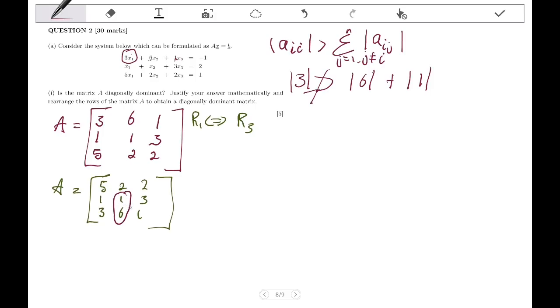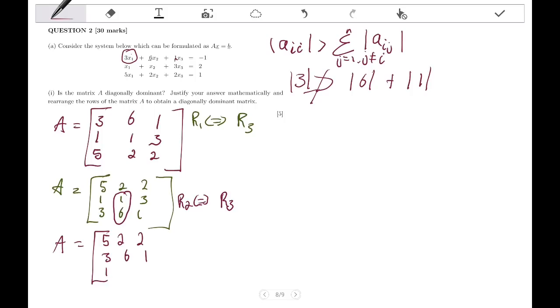So row 2 is going to interchange with row 3. Therefore our final A is going to be 5, 2, 2, then 3, 6, 1, and then 1, 1, 3. And then you are done.